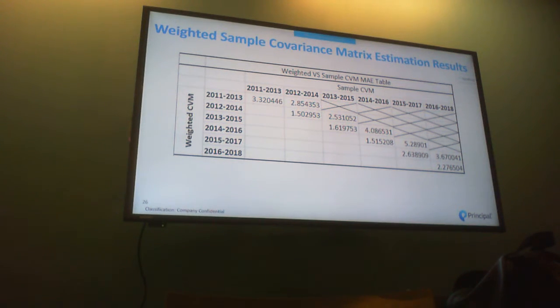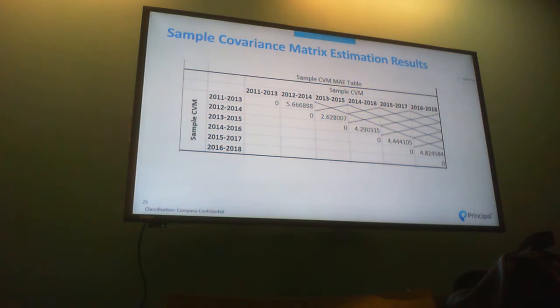And then it is obvious that the weighted covariance matrix's MAE is smaller than the simple covariance matrix. If we compare with t plus 1 here, there's only 2.85, but in the previous one we have 5.6.